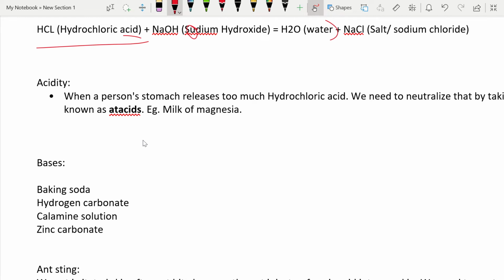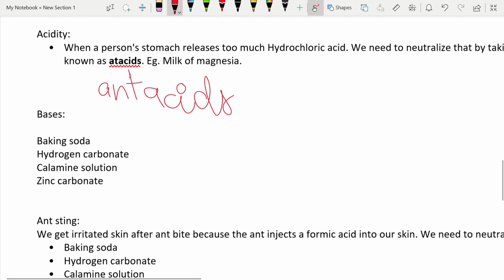Example can be milk of magnesia. Now some of the more common bases can be baking soda, as we discussed before, hydrogen carbonate, which is also one of the bases, calamine solution, zinc carbonate.